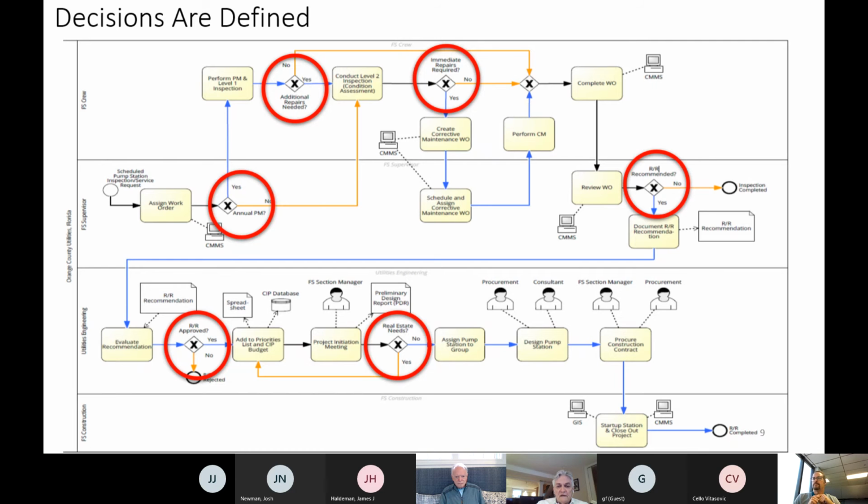The next slide, the circles show gateways. Gateways are really important because that's where the flow of work diverges or combines. So we know that where the flow of work diverges, some decision had to be made in order to identify that.